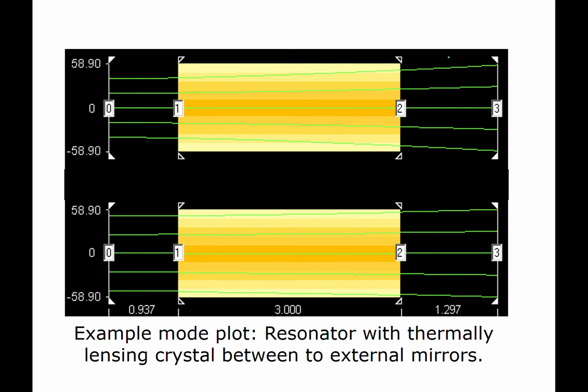So here is a typical example of the cavity: mirror 1, mirror 2, and then here is our optical gain medium. And you can see that the green lines are actually the cavity modes, okay? And then here is some kind of a gradient, the bright yellow and the dark yellow, and the dark yellow is where the temperature is going up, okay?